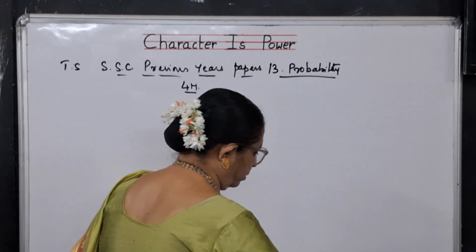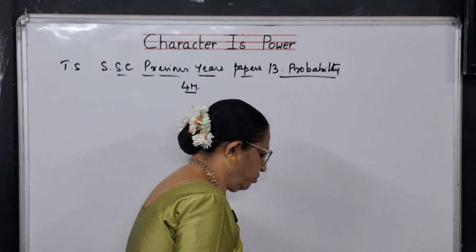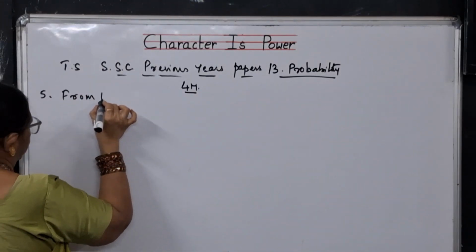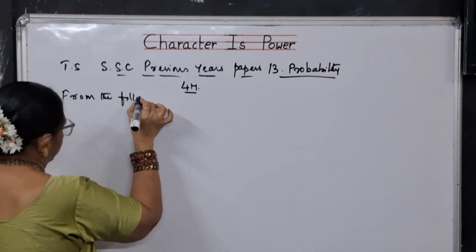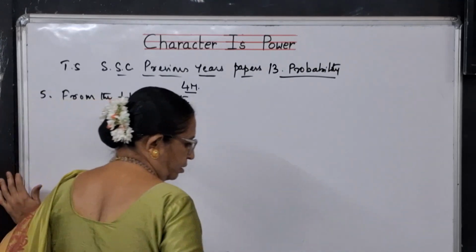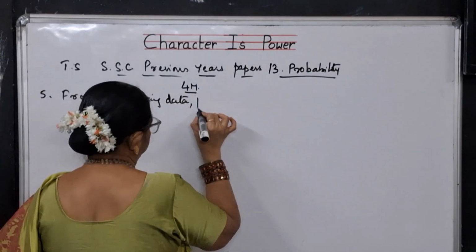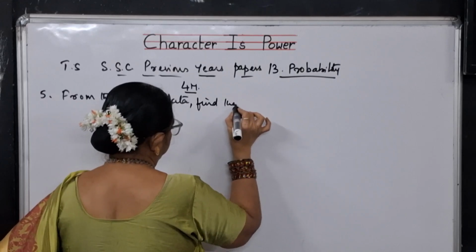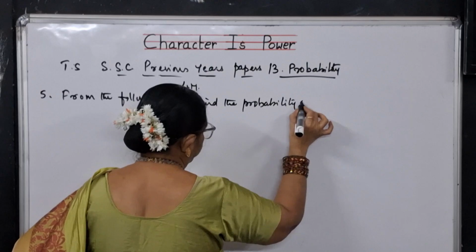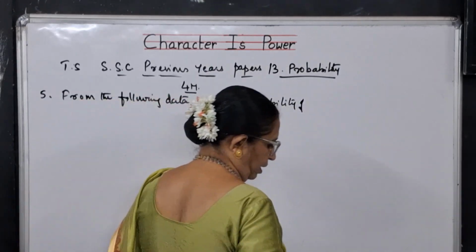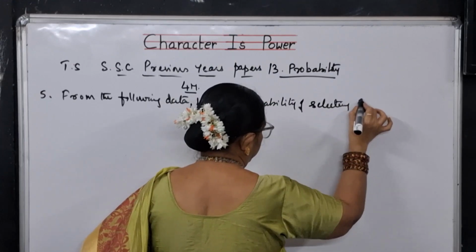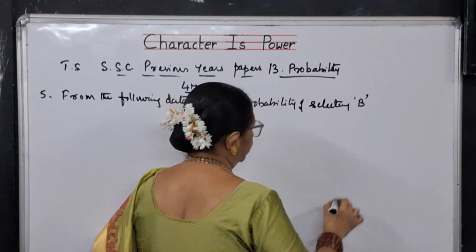Now, the fifth one. From the following data, find the probability of selecting a B blood group student.